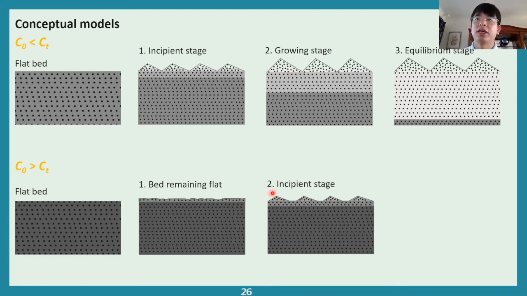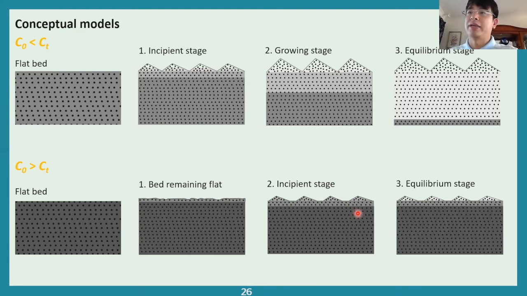And due to the higher clay content below the ripples, the limitation of sand supply allows these small ripples to persist for a long time, even in the equilibrium stage. But in this stage, the ripples have already lost most of their clay content.